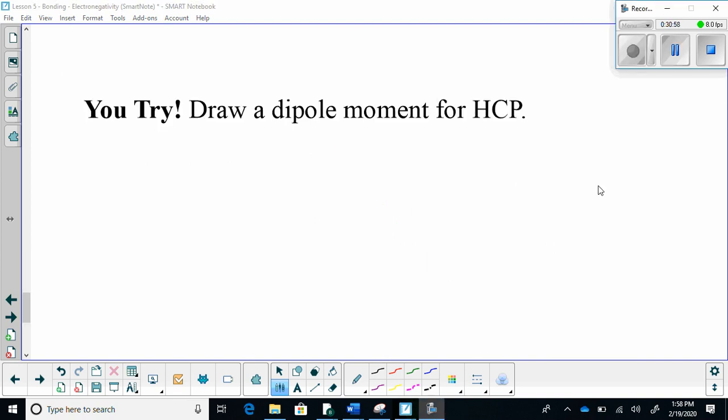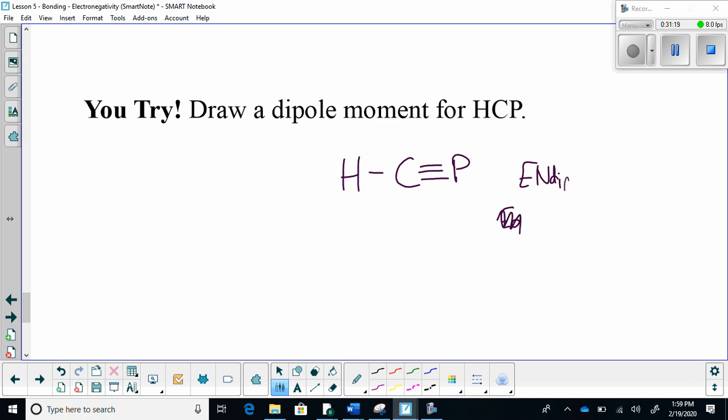Okay, let's draw a dipole moment for this. So draw a structural diagram. Okay, and then we're going to find the electronegativity difference. So the EN difference between carbon and hydrogen is equal to 2.6 minus 2.2, which gives me an electronegativity difference of 0.4.